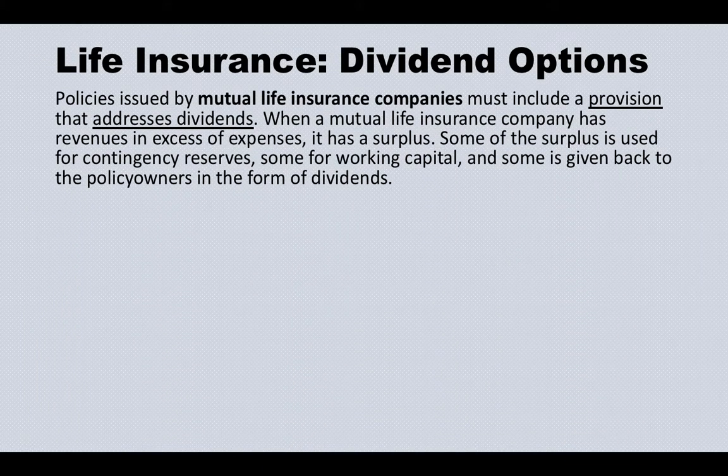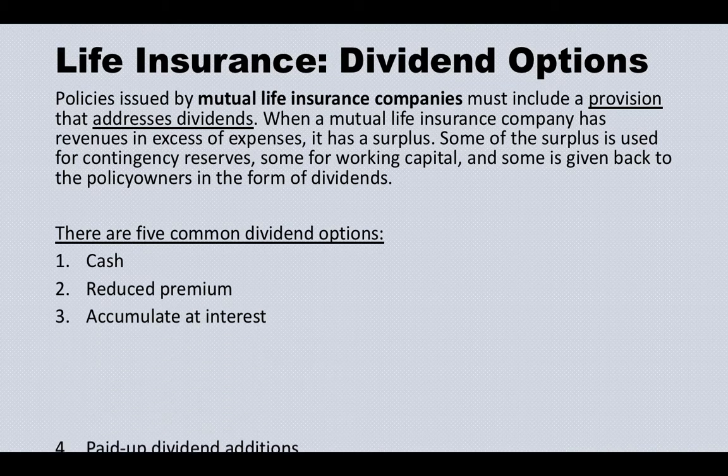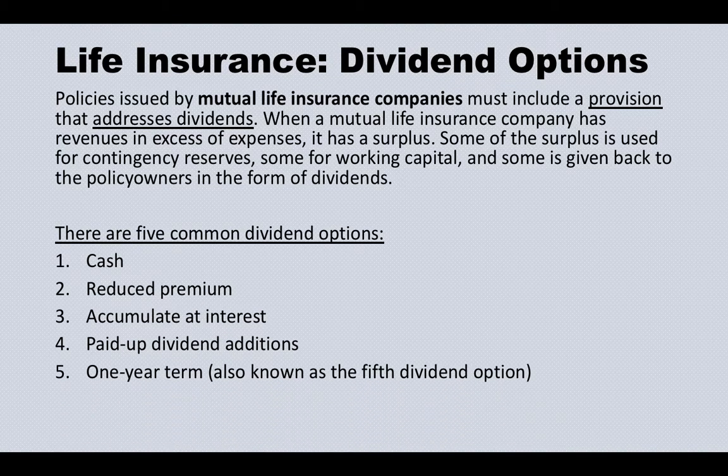For the life insurance dividend option, we learned in another video that if it is mutual life insurance, they usually pay dividends to you. So for the dividend options, you have 5 options. You can take cash, with no tax implication for you. Reduce the premium, with no tax implication.